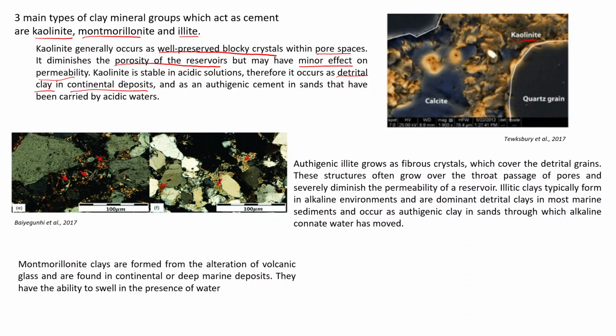When we say continental deposits, these are all siliceous rocks, the silica-bearing rocks, and once they get weathered, their content comes into the meteoric water or the moving groundwater, and it is chemically active. Then it brings about these kaolinitic clays, which get deposited as detrital clay in the continental deposits, and also as authigenic cement in the sands that have been carried by acidic waters.